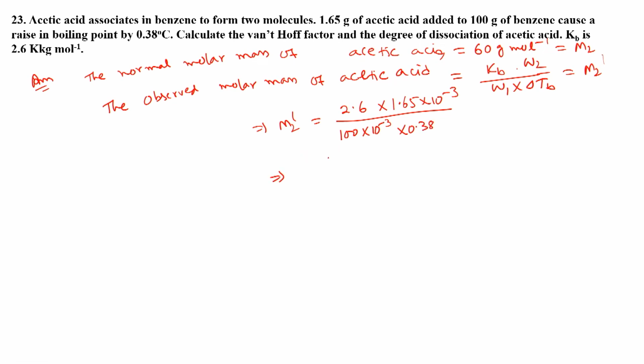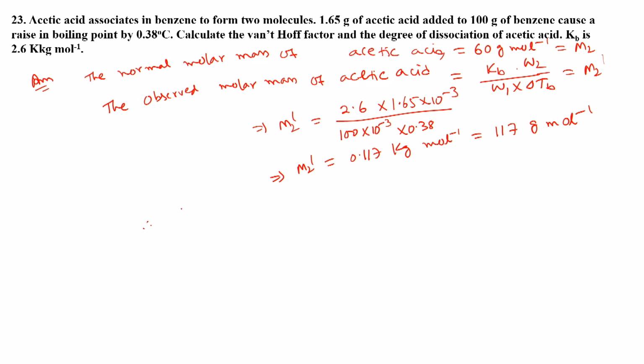Okay, so we get M2 prime is 0.117 kg mole inverse. So, this is 117 grams per mole. This is your observed molar mass of acetic acid.